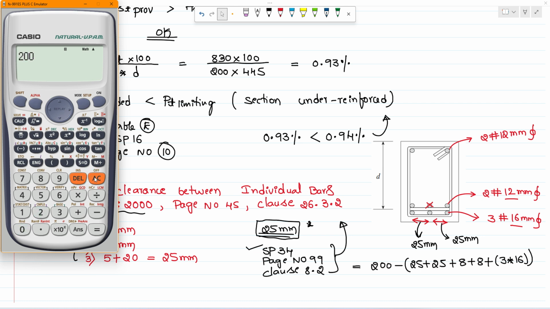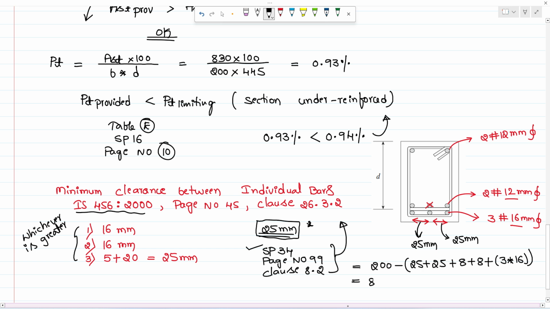So 200 minus 25 plus 25 plus 8 plus 8. So again it will be 3 into 16. So it is 86 mm.